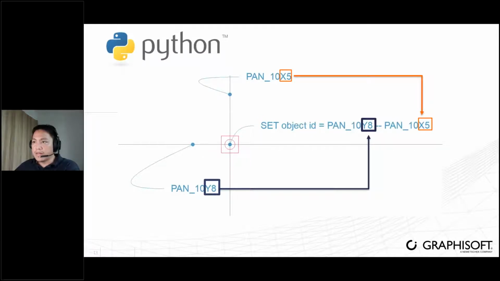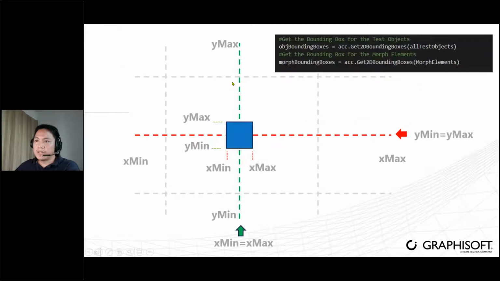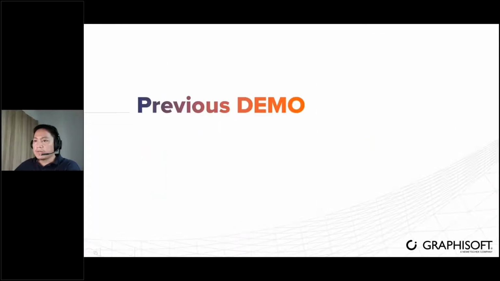Basically, we use the grid X and Y coordinates and use that data to name the object. We achieved this by using the object bounding box and creating a condition similar to geometry in the set. Okay, let me show you the video.